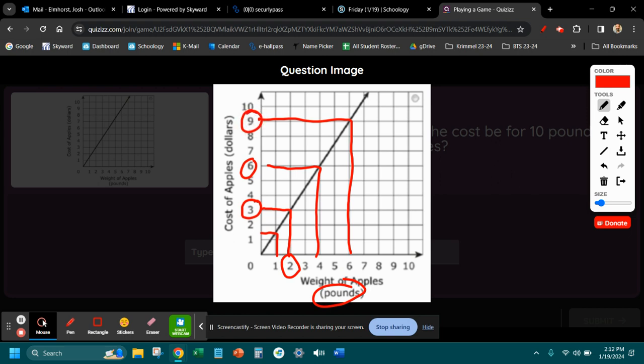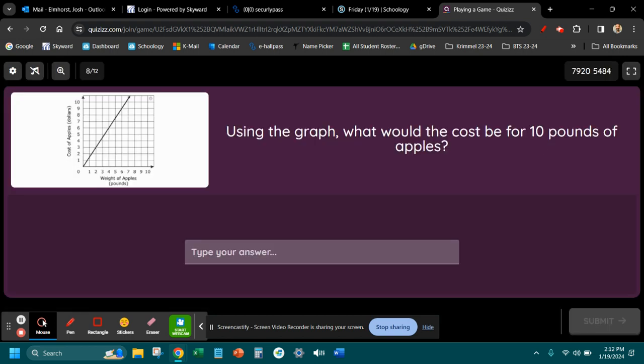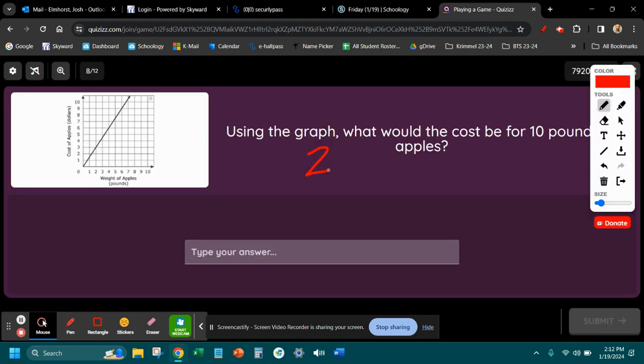So we take that given ratio, 2 pounds is $3. Now we go to the question, it's asking about 10 pounds. So what do you multiply 2 by to get 10?